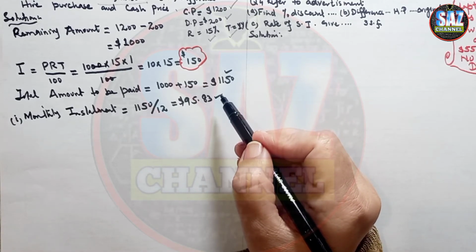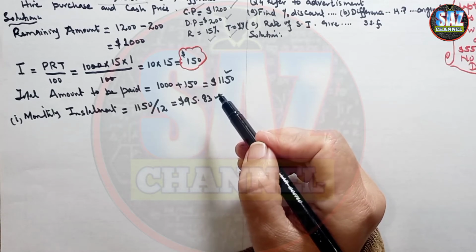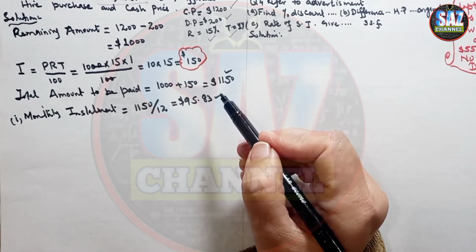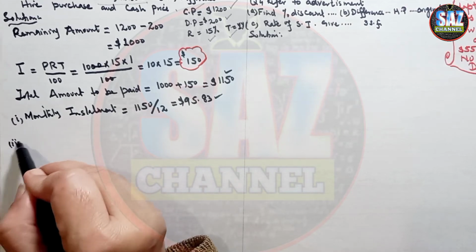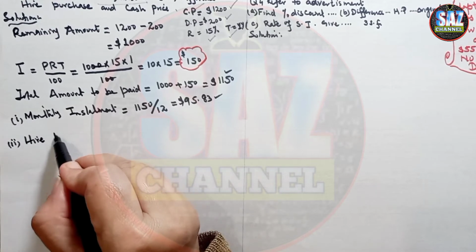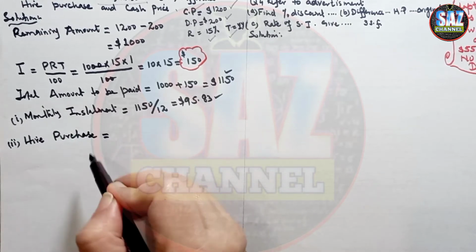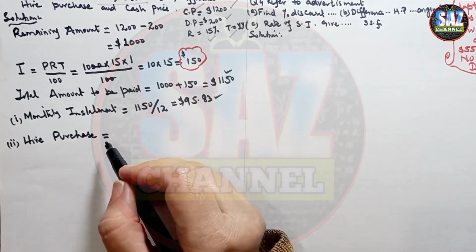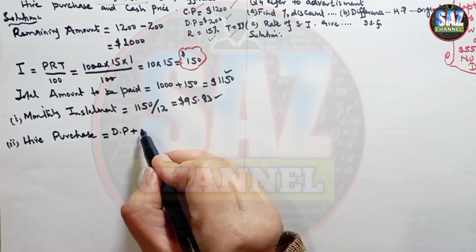And the second part is difference between the hire purchase price and the cash price, okay, as the percentage of cash price. So for this problem, I have to first find the hire purchase price. So hire purchase will be equal to your down payment, that is $200, plus amount with interest.